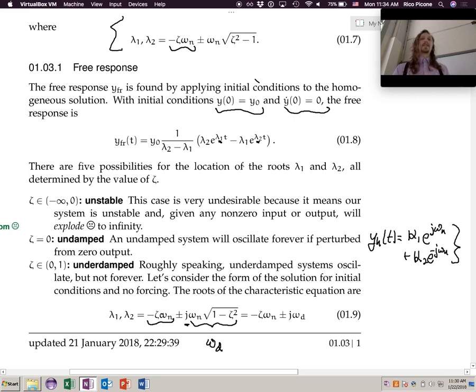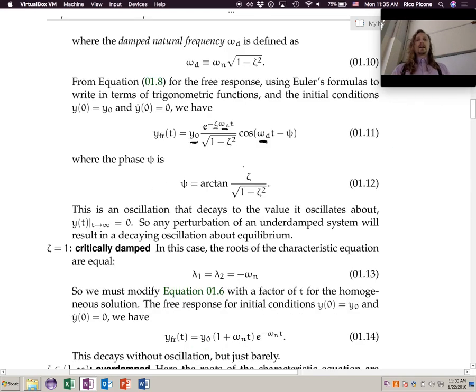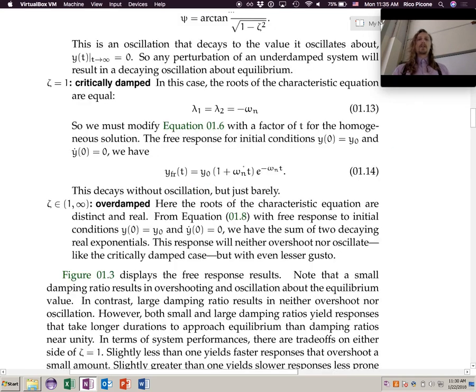So we're just going to have the sum of two decaying exponentials, which tends to look pretty much like a decaying exponential. Sometimes it's hard to distinguish by looking between one decaying exponential and the sum of two. Sometimes it's really obvious, depending on the relationship between the size of the two lambdas. So that's the overdamped case.